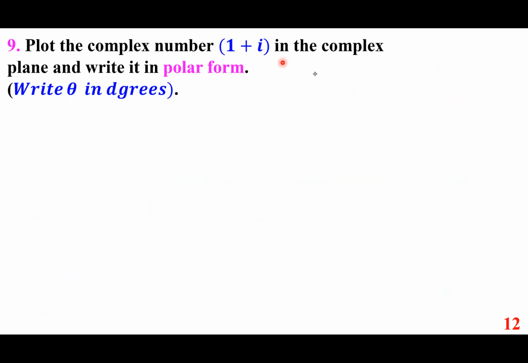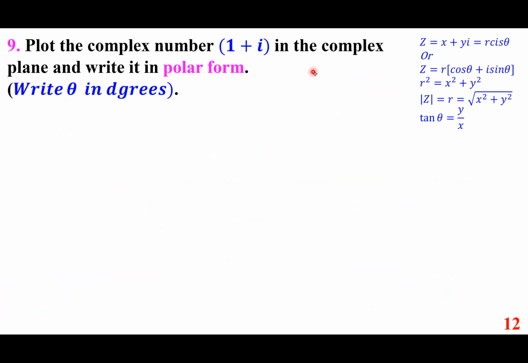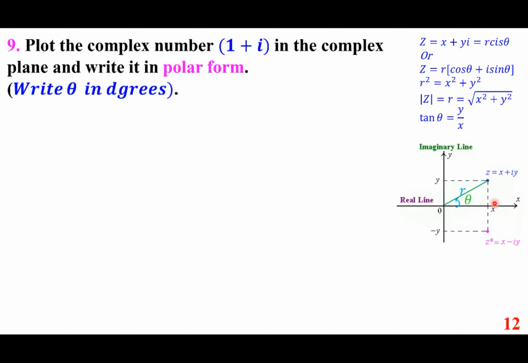Plot the complex number 1 plus i in the complex plane and write it in polar form, writing theta in degrees. So first and foremost, let's look at these two cases. If you have a point along the x-axis, we call it the real line, and along the y-axis, we call it the imaginary, and we represent it with x plus iy.